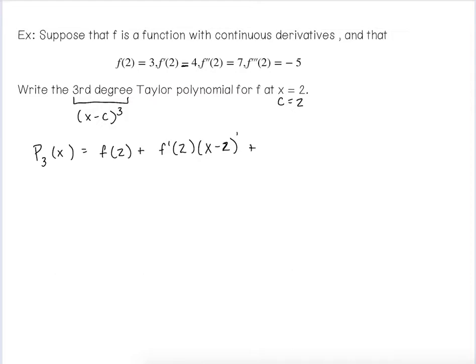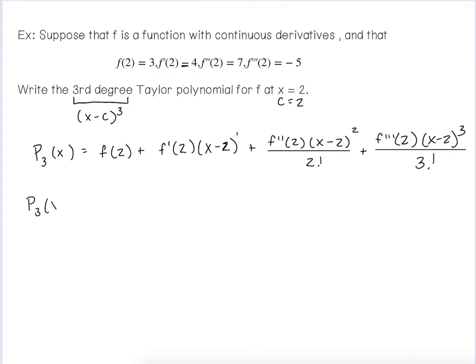Then we do plus the second derivative at c times x minus c squared all over 2 factorial. And then we have a third degree, so we're going to take it out to f triple prime of 2 times x minus 2 cubed all over 3 factorial. So that's P3 of x.